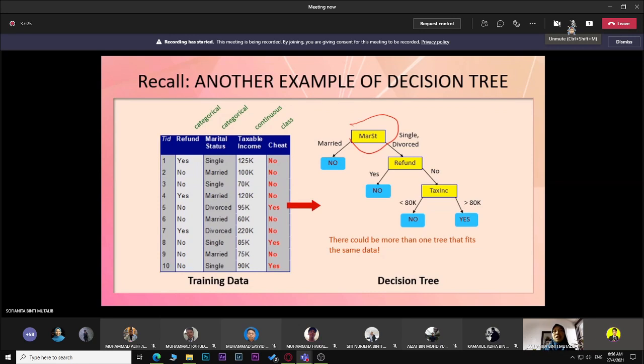The greedy approach is trying to find the best attributes that can split the data into the same category. So you have to bear in mind what a decision tree algorithm is: a greedy approach. What is a greedy approach? It means that it's trying to find a splitting point from the data set, so that the data will belong to the same category. Okay, how does it do that?